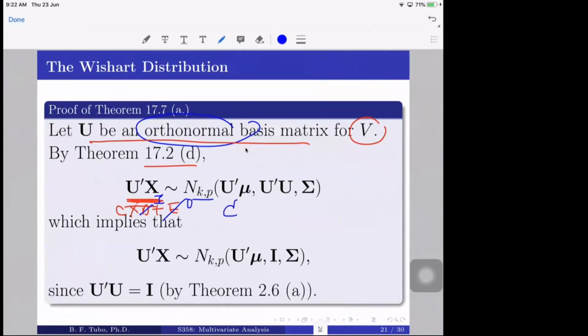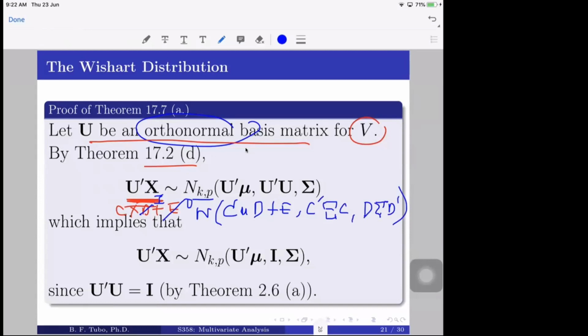C prime mu D, no? Plus E. Normal. C, the prime first. C prime C. D sigma D prime. Let me check. So that is psi C prime.